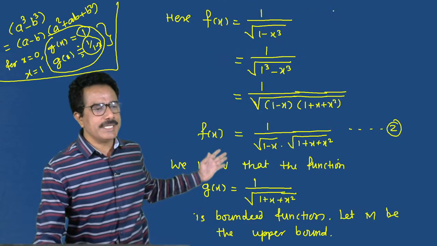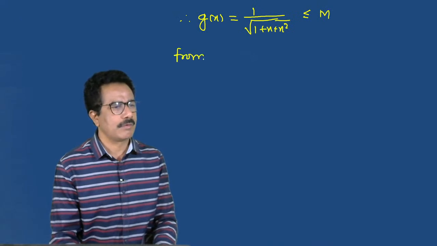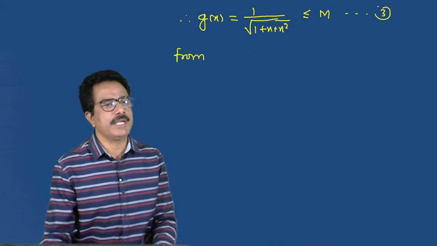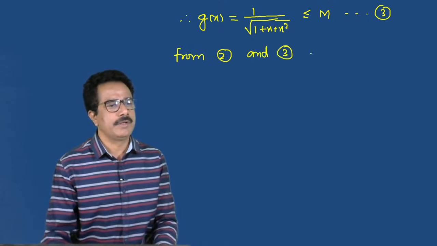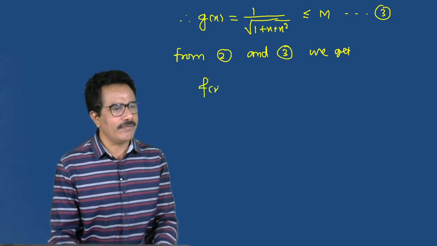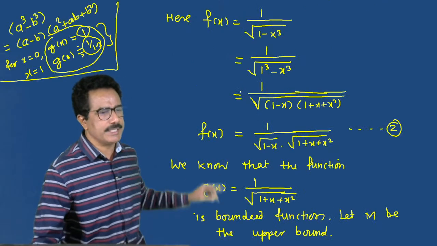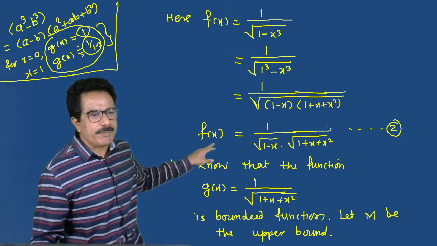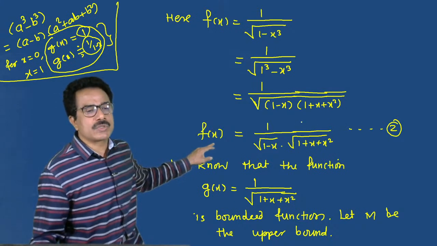Now put in equation 2. So from 2, suppose this is 3, from 2 and 3 we get f of x is less than or equal to m.